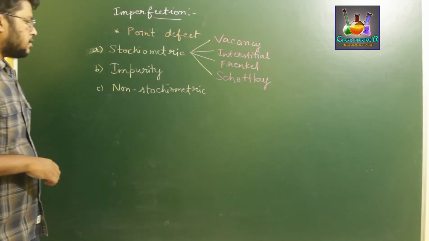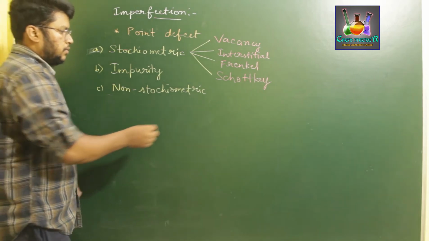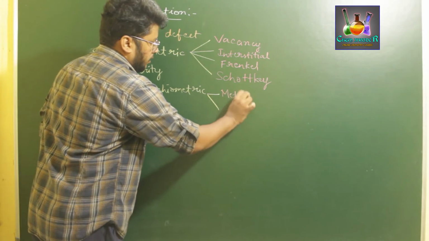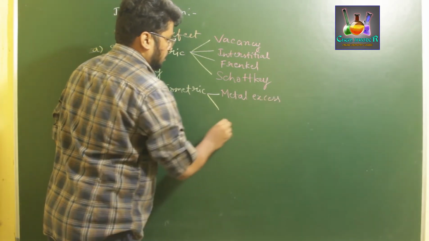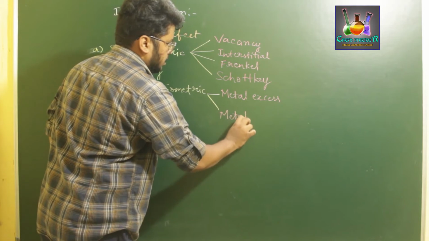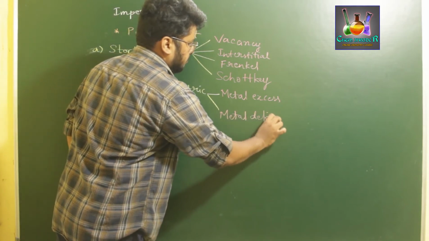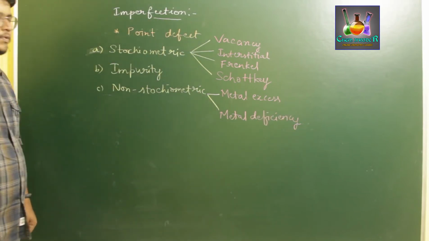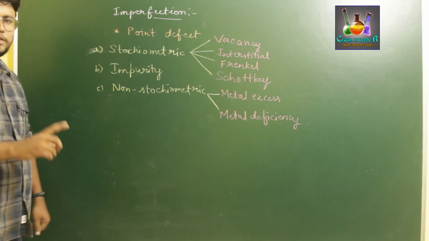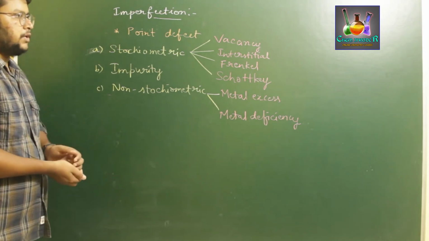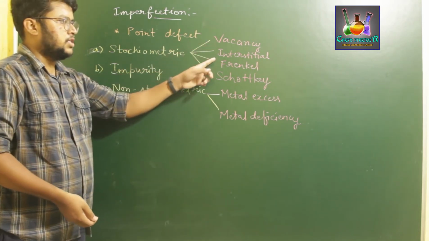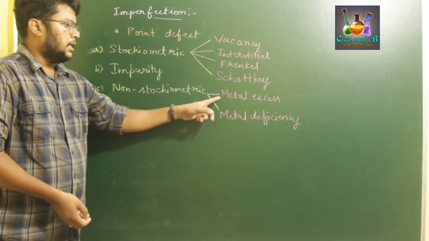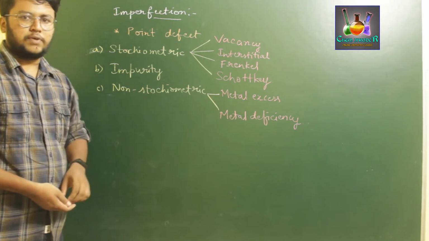In the same way, non-stoichiometric defect is classified into two types: metal excess defect and metal deficiency defect. Impurity defect is just one type.